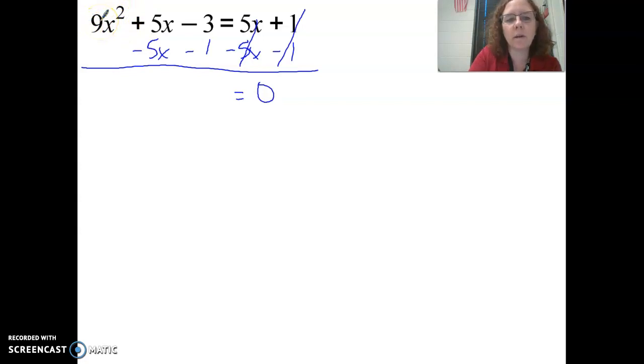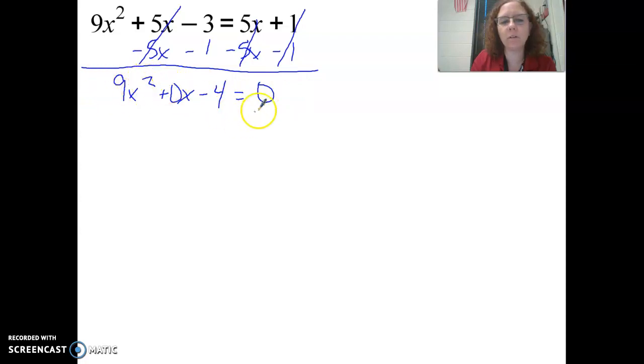So 9x squared, no like terms there. Positive 5x, negative 5x cancel out. And you can go ahead and put that 0x in there if you want to. That's going to help with your factoring. Minus 4. Okay, so I have a quadratic, because I have a squared right there. I have a quadratic equal to 0. All right, let's do ABC.